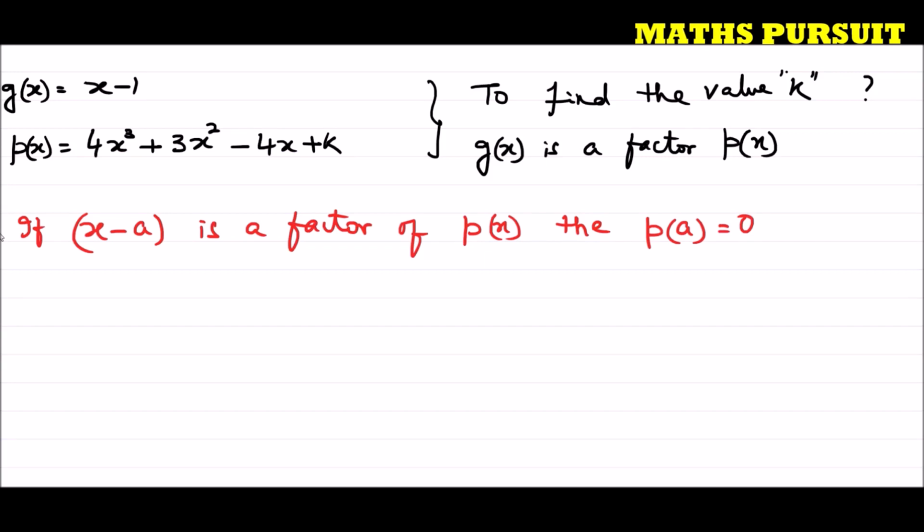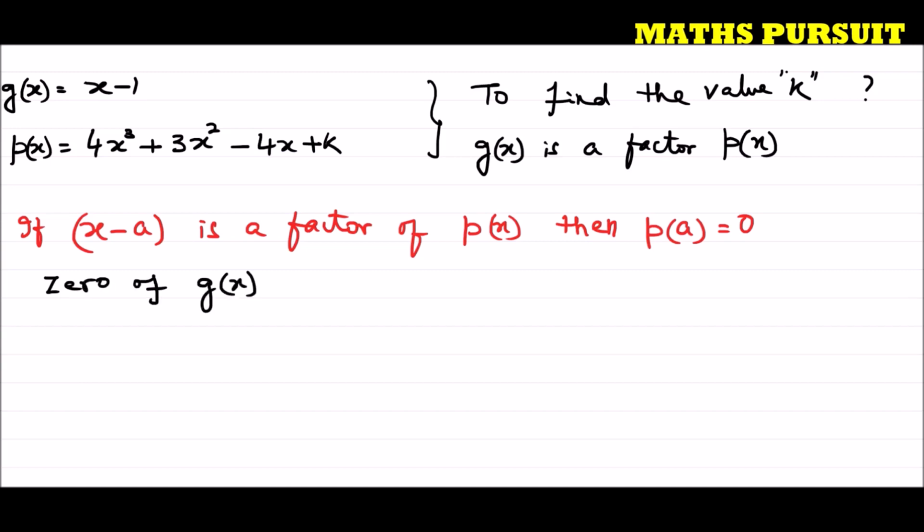Guys, we know this is as per the factor theorem. If x minus a is a factor of p(x), then p(a) is equal to 0. We are going to utilize this concept to find the value of k. Now we need to find the zero of g(x).